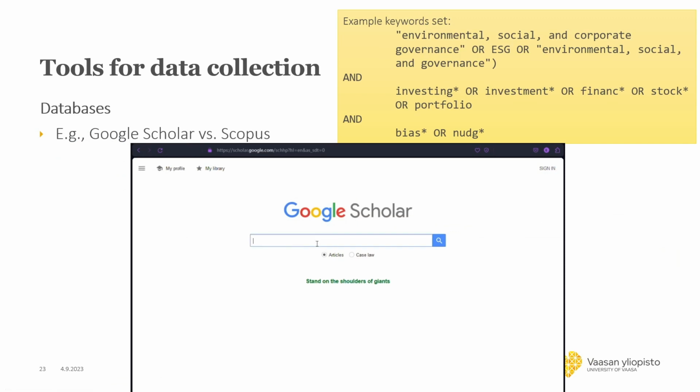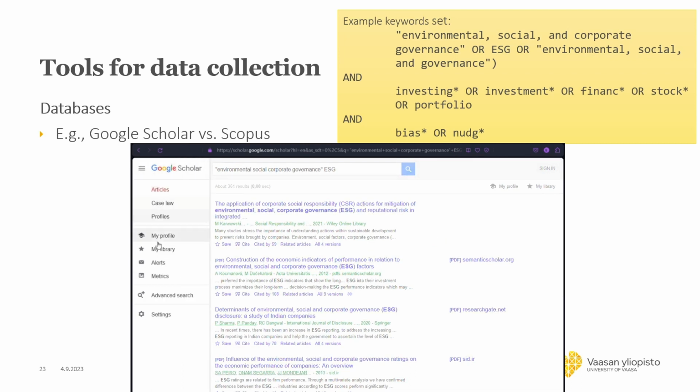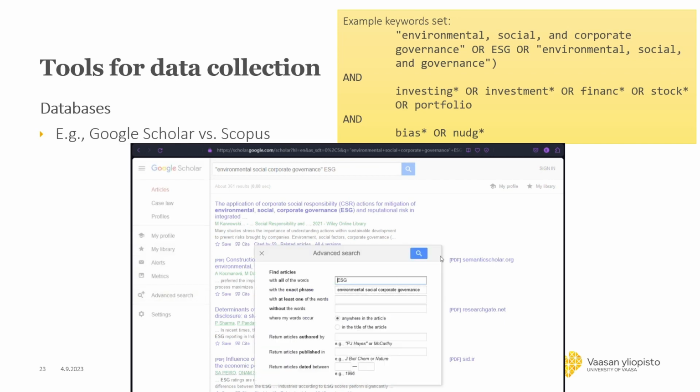Let's say that you have a keyword set for ESG and how they're going to be investing and biases. If you put just the first one, ESG, in the very well-known Google Scholar, you're going to get the very traditional, basic analysis. But you can also use the advanced search.